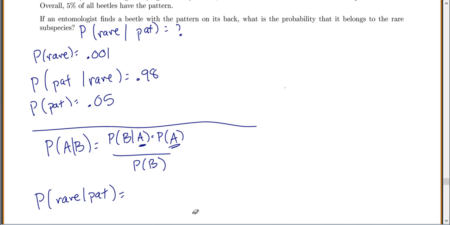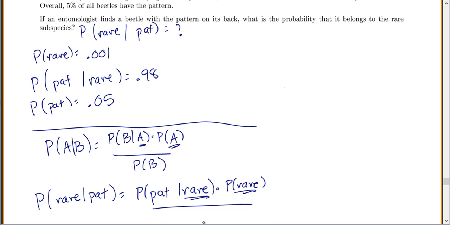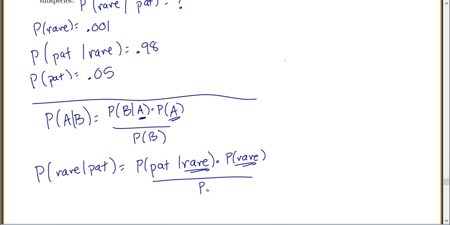So this will be, switch the conditional probability: pattern given rare times the probability of rare, make sure those always match, then divide by the probability of the pattern. Okay, and we have all those written up above. So pattern given rare was 0.98, the rare was 0.001, and the pattern was 0.05.